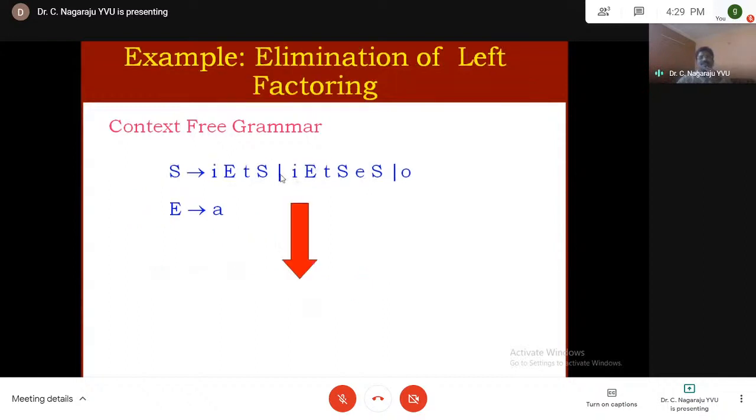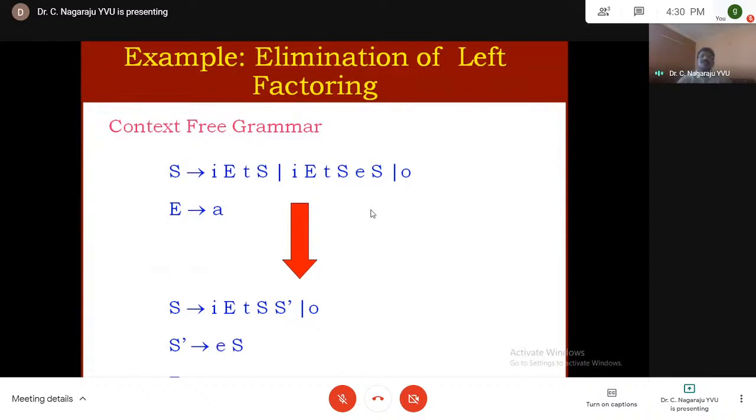For elimination, you write S is equal to I E T S S slash or A. You keep these as they are, and for the common part you write S slash, which is replaced with ES or epsilon, and E is equal to A. When you write the grammar this way, we can eliminate the left factoring.